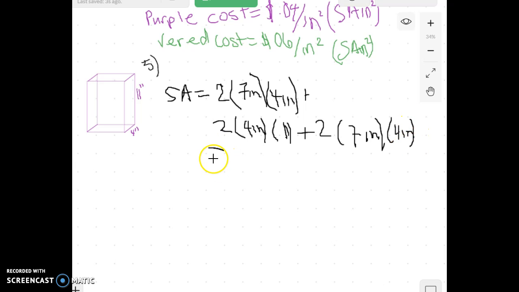And when you calculate that out, that ends up being 298 inches squared.